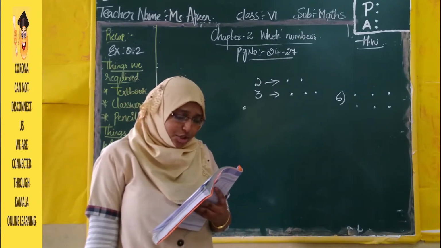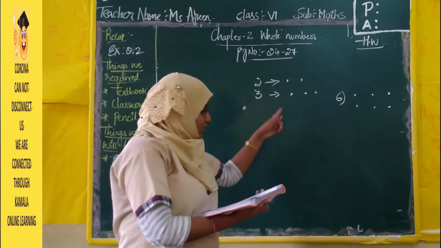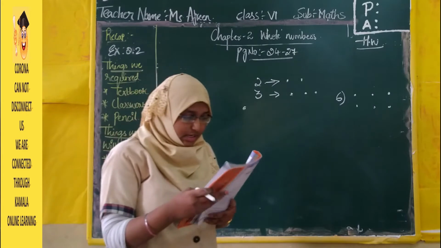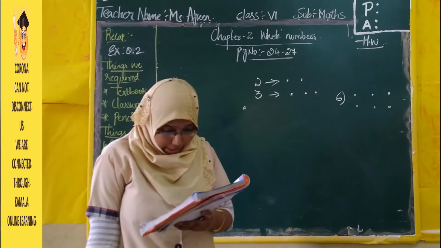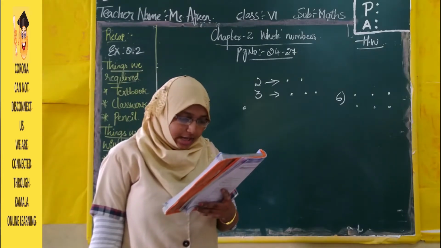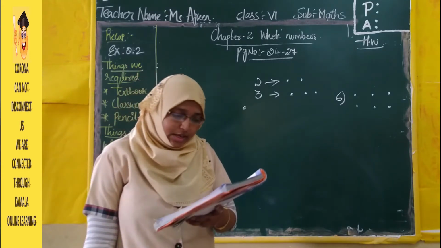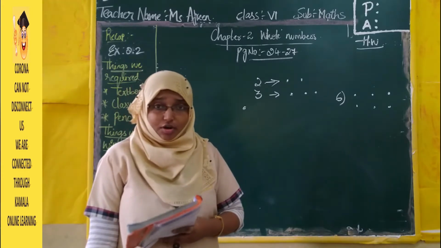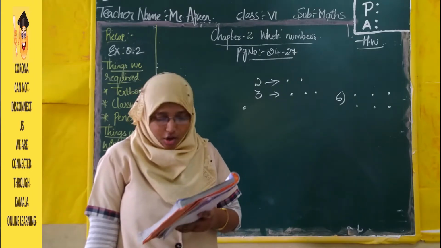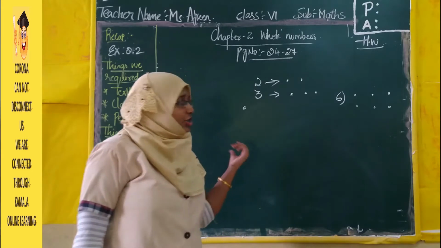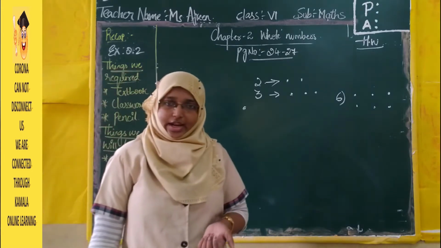Number 2 is shown as 2 dots, number 3 as 3 dots, and number 6 as a rectangle. Numbers 4 and 9 can form a square, and other numbers like 5 by 5, 5 rows and 5 columns. For 9, they are showing 3 into 3 dots, 3 dots in rows and 3 in columns. There are many numbers which form these shapes like a line, rectangle, square and a triangle.